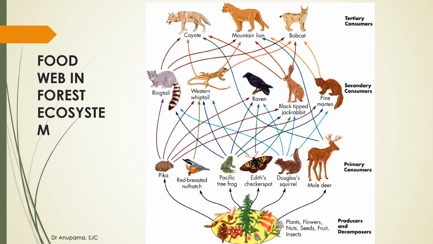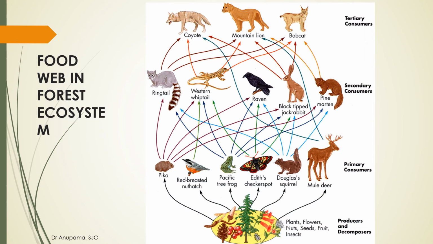You can see you have several producers over there. The plants will have flowers, nuts, seeds, fresh fruits. All these things will be there. These are the producers. And plants will have several insects on them, and in the soil you have all the decomposers.